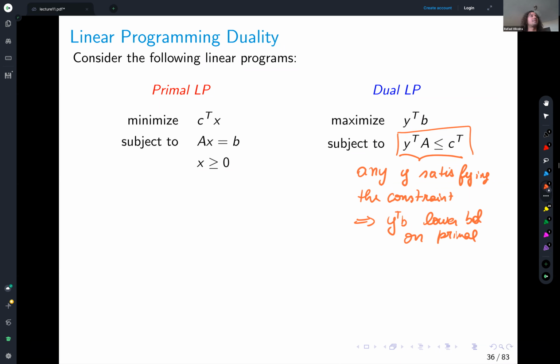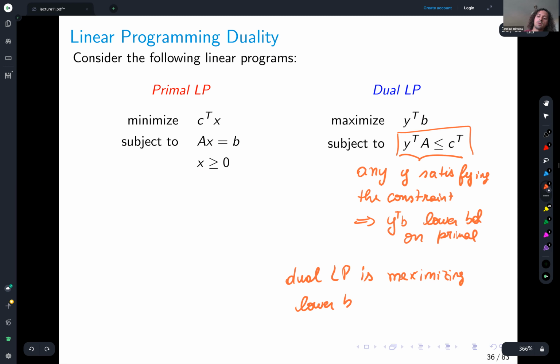We're maximizing the lower bound. So the dual LP is maximizing the lower bound to the primal via the constraint Y transpose A less than or equal to C transpose.